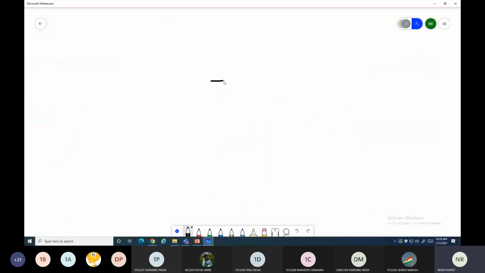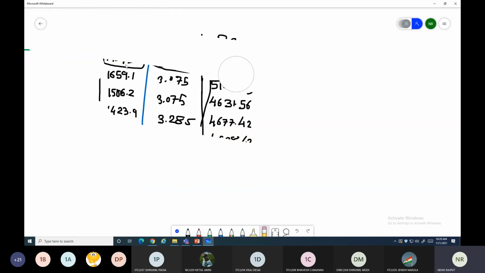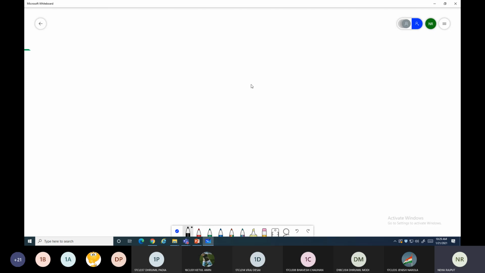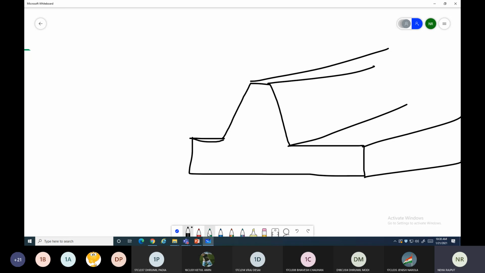So if this is the wall, the stem part, heel part and toe part, and this is the length view, then this shear key is provided below this stem part in continuation with the base slab itself, like this, and this is also provided throughout the length of the retaining wall.